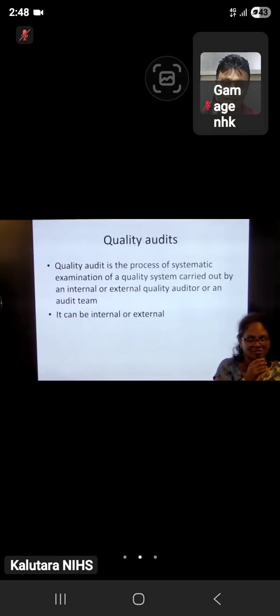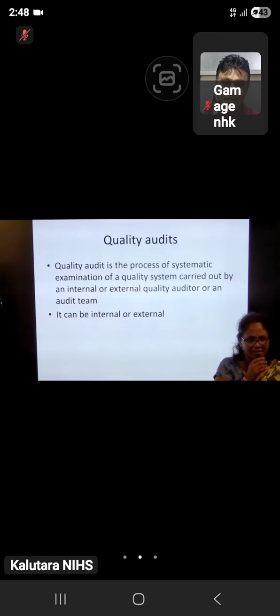Do you know quality audit? Quality audit is the process of systematic examination of the quality system carried out by an internal or external quality auditor or audit team. What is the meaning of that?